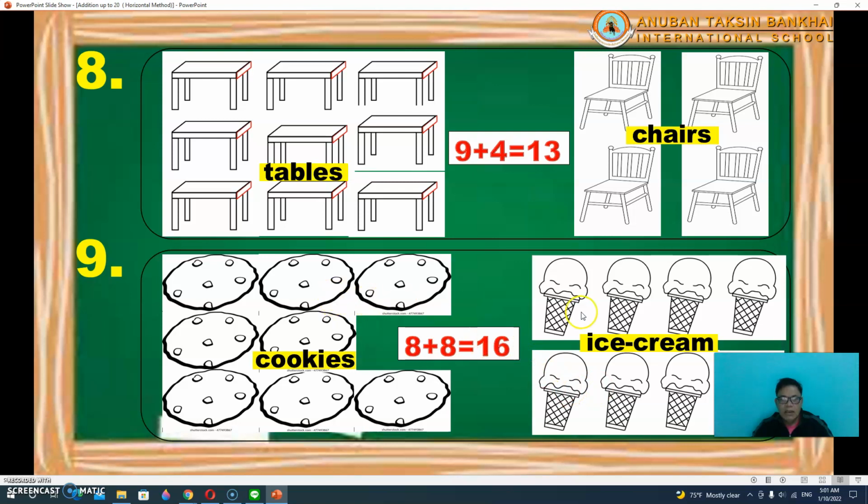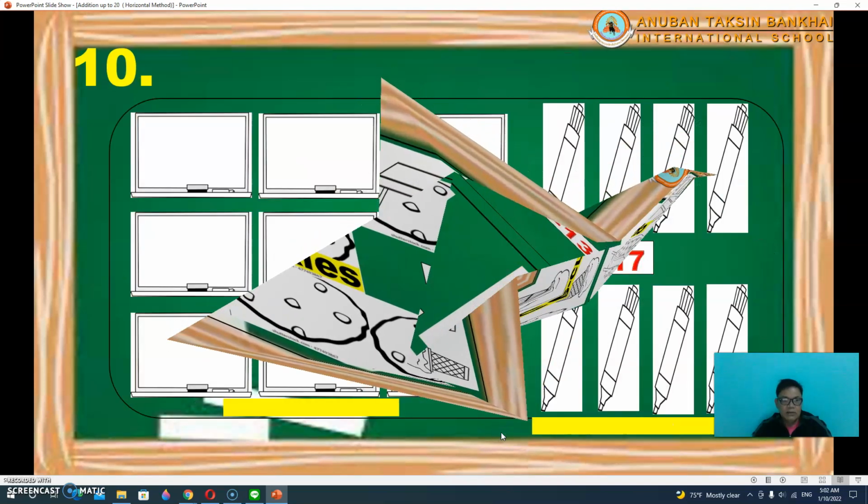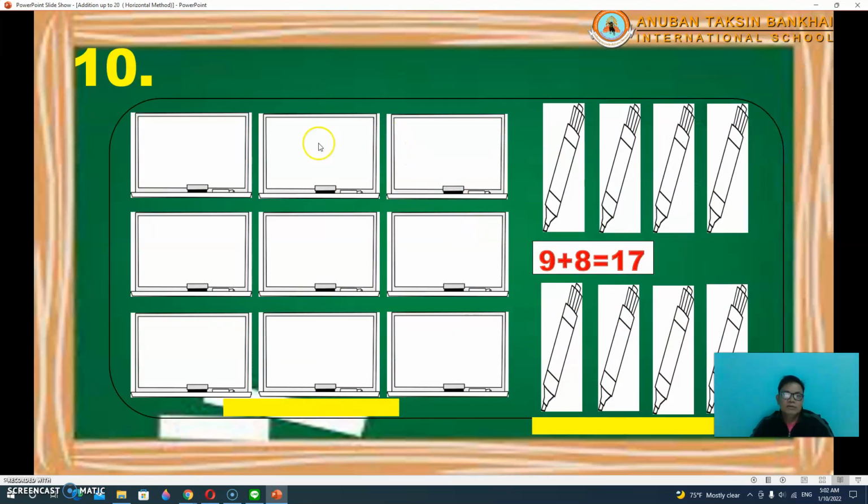So 8 plus 8 equals how many? 1, 2, 3, up to 16. So the answer is 8 plus 8 equals 16. Very good. Let us proceed to number 10.